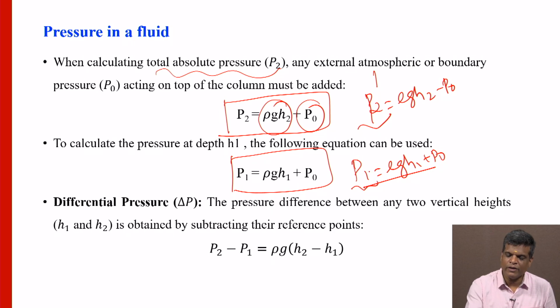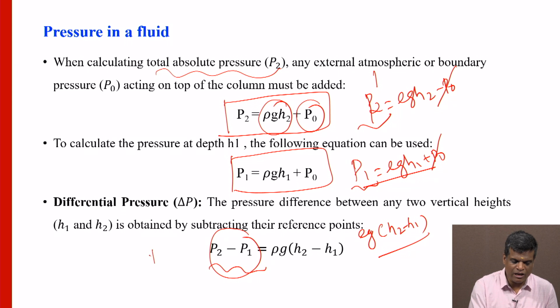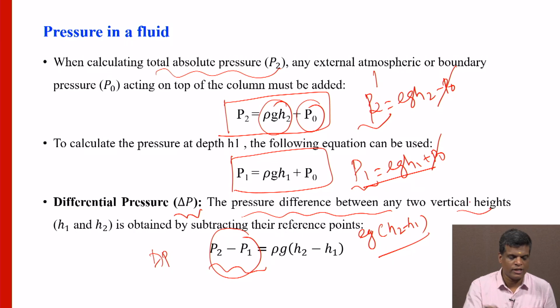So, the difference P2 minus P1, the P naught automatically gets cancelled. Then we get P2 minus P1 equals rho G times H2 minus H1. That is delta P, the differential pressure, the pressure difference between any two vertical heights, taken by subtracting these two points.